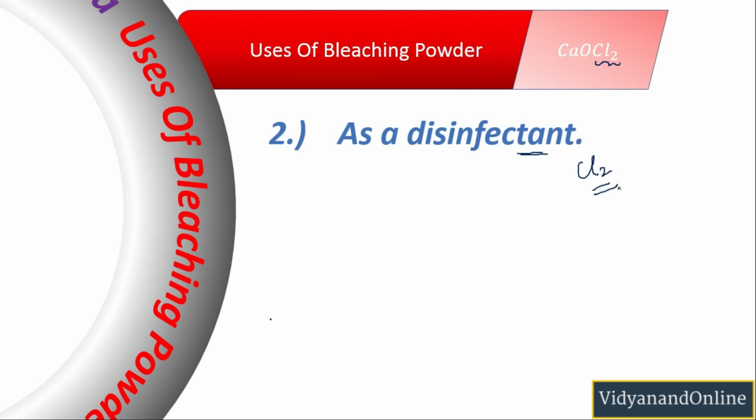Now this chlorine gas is very toxic for the microorganisms that live in water. So when you treat the drinking water with bleaching powder, the chlorine gas is released, and this chlorine gas kills the microorganisms present in the water, thus making the water fit for drinking. For a similar reason, swimming pools are also treated with bleaching powder, and that is why they smell of chlorine.